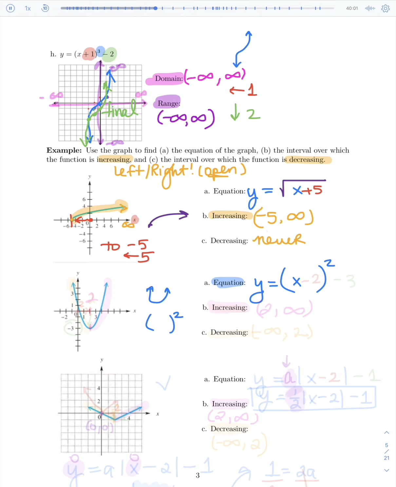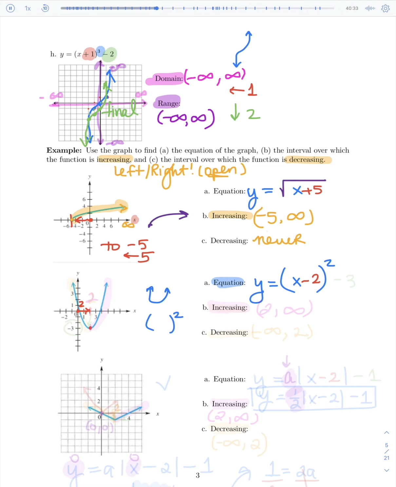Well, normally the center is at 0, 0. It's down here though, which means at the very least it's been shifted to the right 2. Remember, with left and right, it's always reverse of what you think. So even though you're shifting to the right to a positive 2, you're actually going to see a -2. And remember, x values go inside of a function, so I'm going to have a -2 on the inside with the squared.